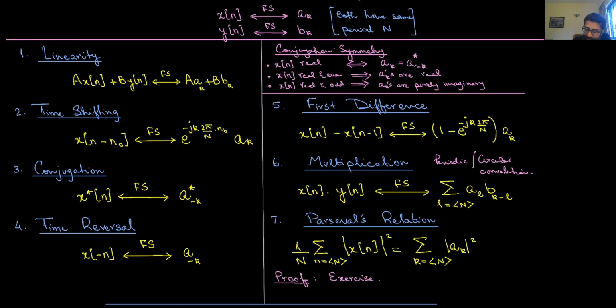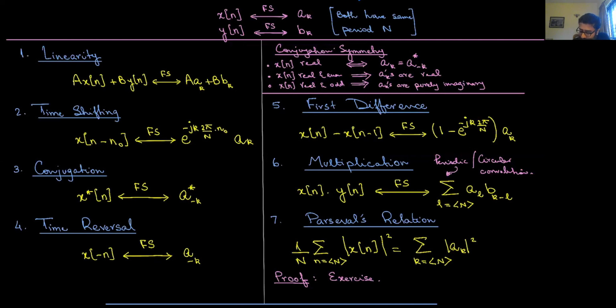That's something called periodic or circular convolution. And the way this is different from convolution is that this sum is not from minus infinity to plus infinity, right? Rather, you're summing over one interval of the period. So that's one of the differences of the discrete time case with the continuous time case.